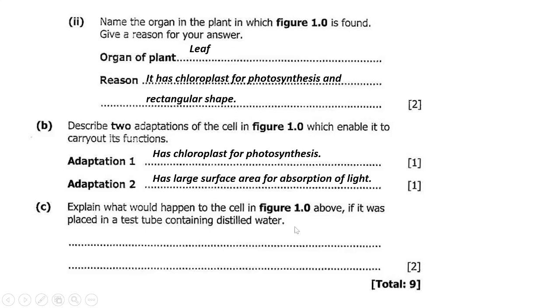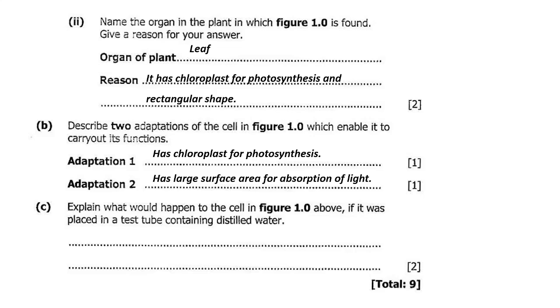Therefore, when the cell is placed in a test tube containing distilled water, osmosis takes place, which is the movement of water from a dilute solution to a more concentrated solution. The test tube is dilute because it has pure water, while the cell is concentrated.